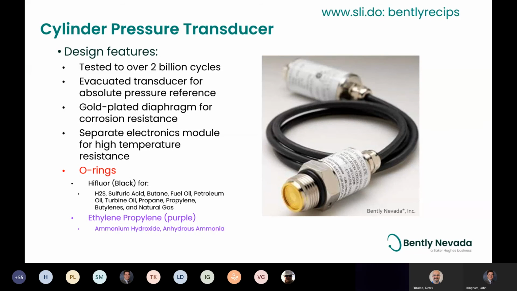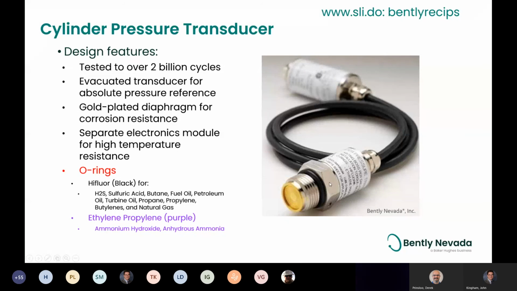I figure a 300 RPM recip that is working 24 hours in a day is going to go through 432,000 cycles in a day. So that million really becomes less than 2.5 days worth of work for that recip. So 2 billion is a lot.